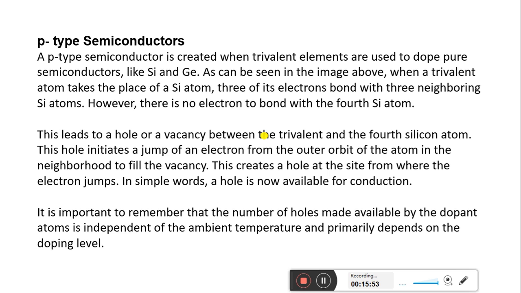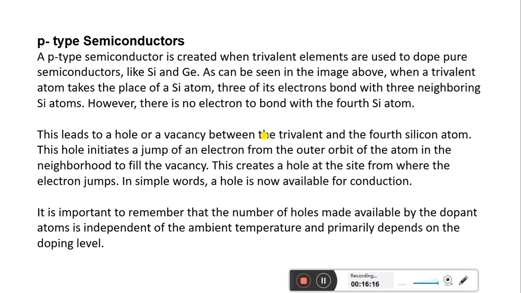So what will happen? This leads to a hole. It means there exists a hole or a vacancy between the trivalent atom and the fourth silicon atom. This hole initiates a jump of an electron from the outer orbit of a neighboring atom to fill the vacancy.